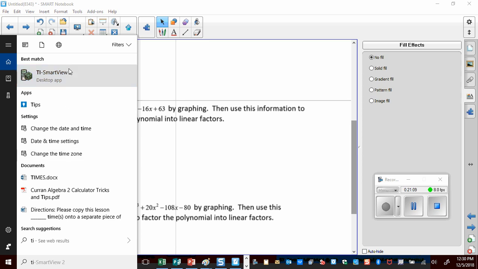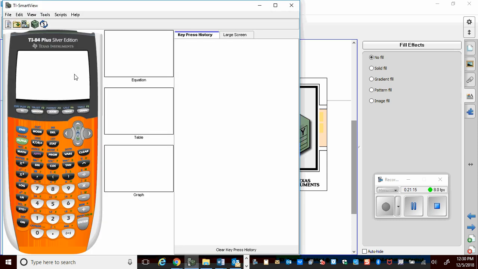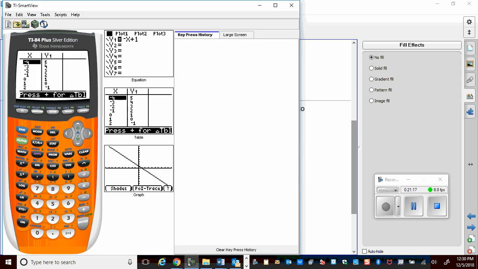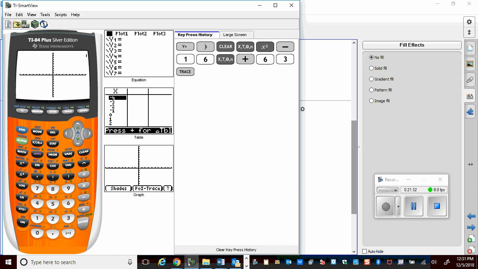Find the first zero that I see by putting this equation into the graphing calculator, right? So I go to y equals, clear out what's in there, x squared minus 16x plus 63, and press trace so I can just kind of see it.